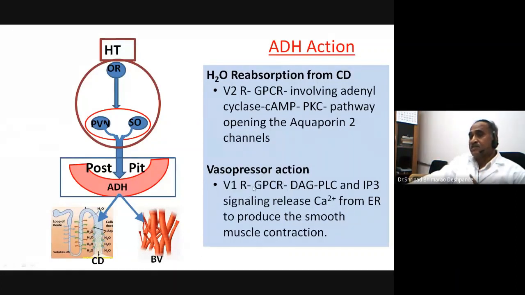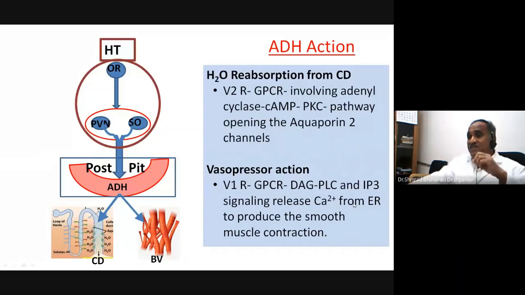Again, this is also a G protein coupled receptor. And here the pathway used is different. It is not the adenylate cyclase cAMP pathway. Here we have the diacylglycerol, PLC or inositol triphosphate pathway. Phospholipase C and inositol triphosphate signaling will release the calcium from the endoplasmic reticulum.